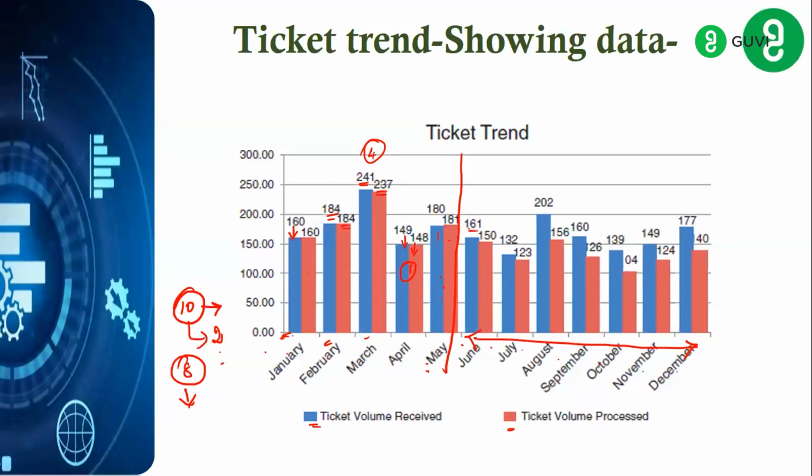June is 161 received, processed count is 150; here 132, processed 123; this is 202, processed 156; this is 160, this is 126. So the processed ticket count decreased gradually.